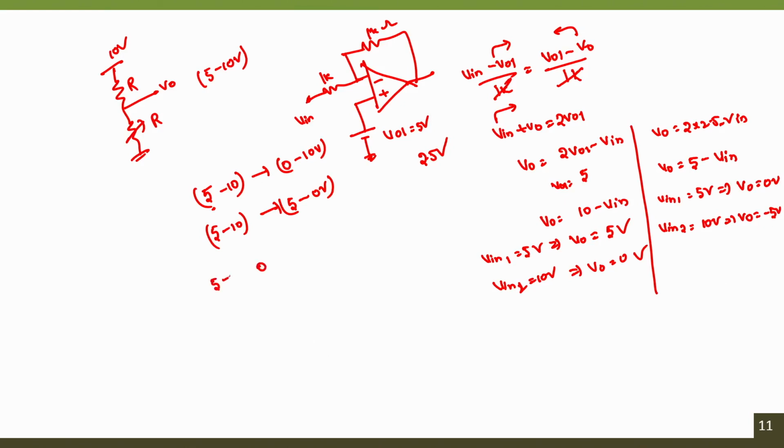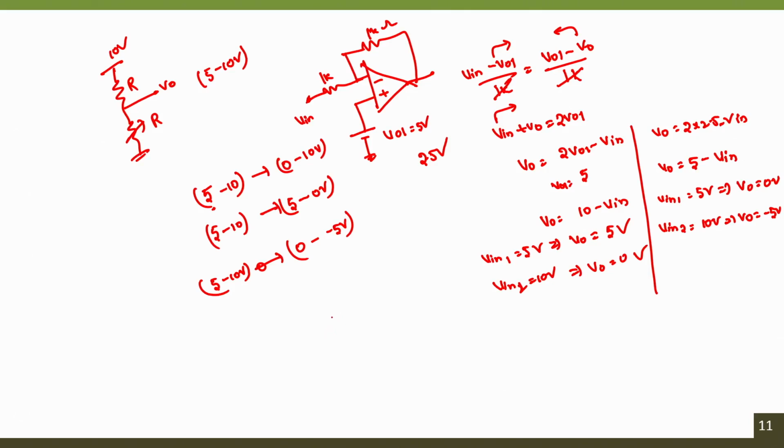So, 5 to 10 volts is being converted to 0 to minus 5 volts. Of course, this is negative since we are using an inverting amplifier configuration, because of which we are getting a negative sign. However, again this negative sign can also be inverted by using a simple inverting amplifier configuration with a gain of 1.